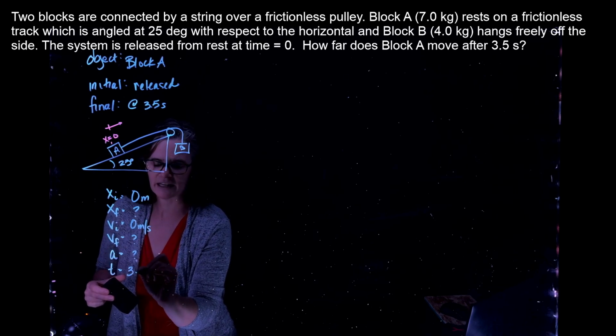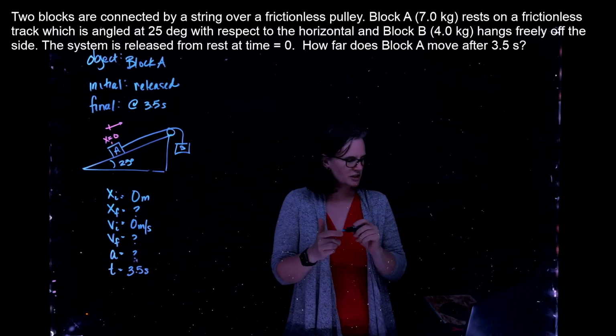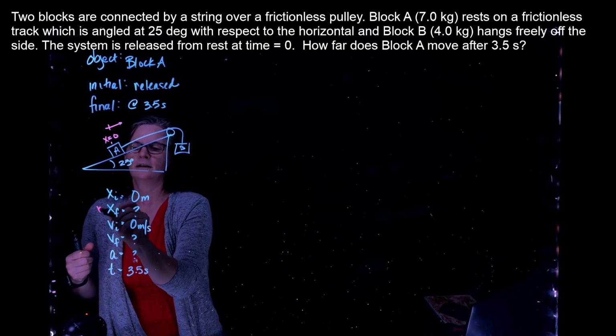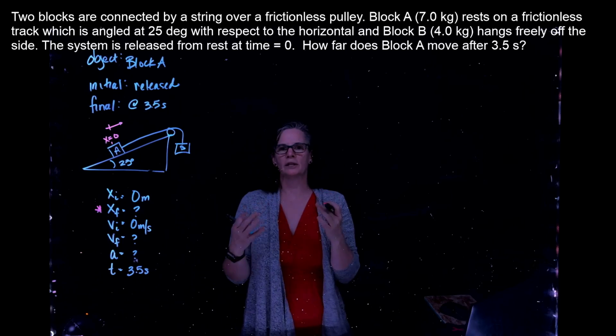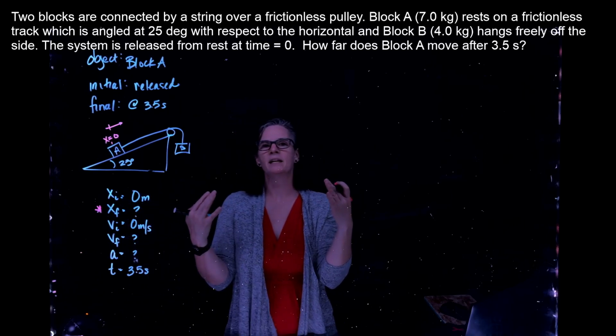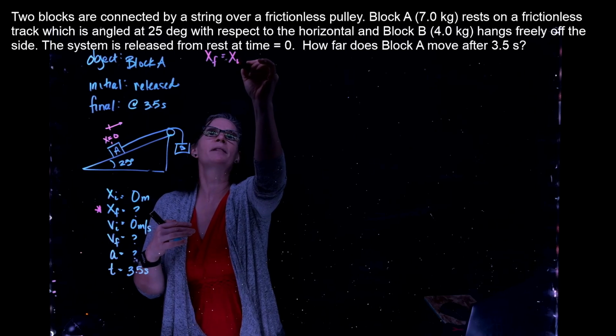But I do know that the time of my motion that I care about is 3.5 seconds. So the question is asking how far, and how far is going to be information about final position. So final position is what I am interested in. When I think about my kinematics equations, final position is in a couple of them.